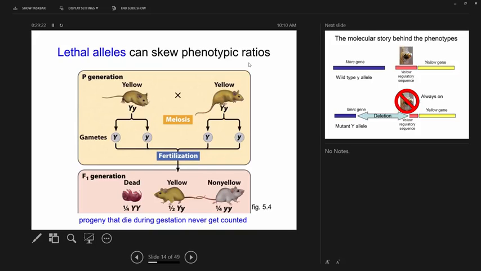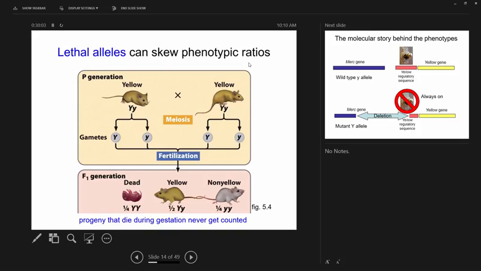All right, so normally you would expect a 1 to 2 to 1 phenotype ratio. Here's 1, there's 2, and here's 1, right? But what happens is this one is dead, so it doesn't get counted. You still get 2 of the heterozygote, which is yellow, and 1 of the little y homozygote, which is, say, gray or white, just something other than yellow.